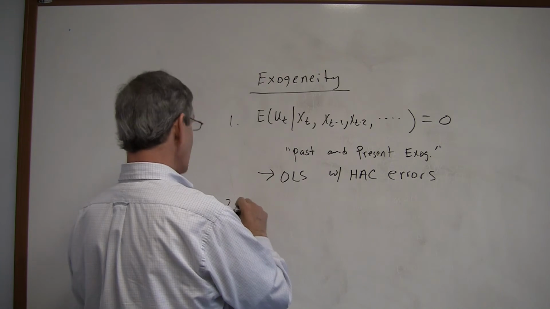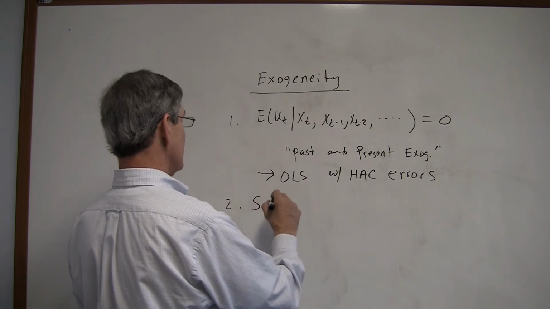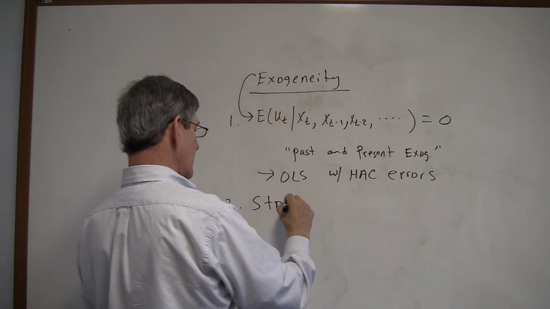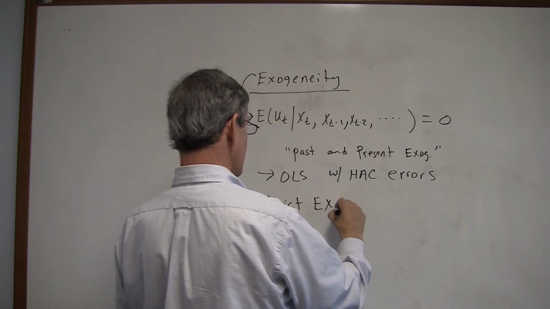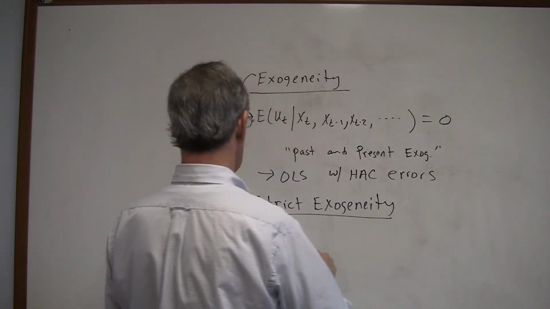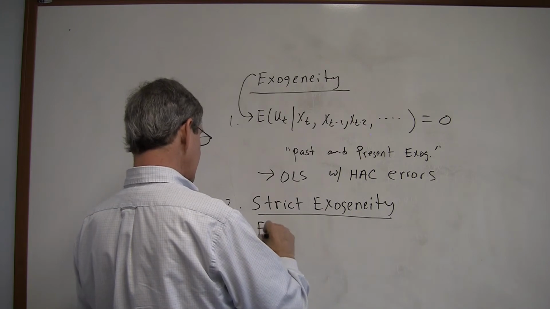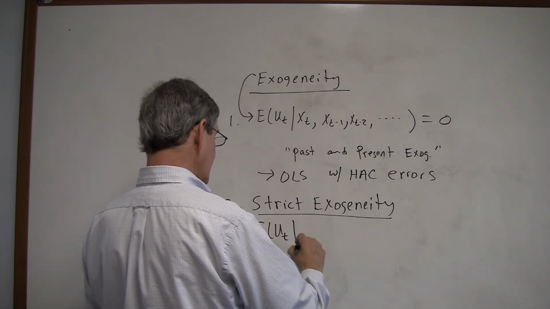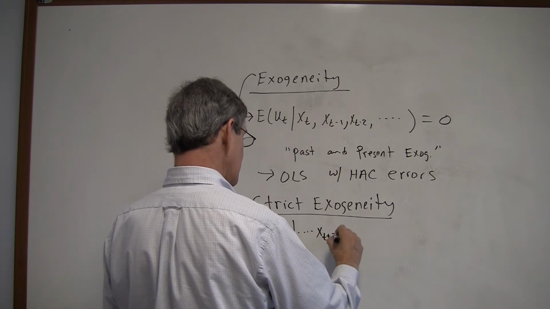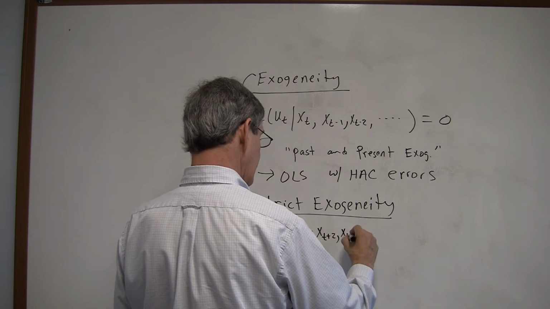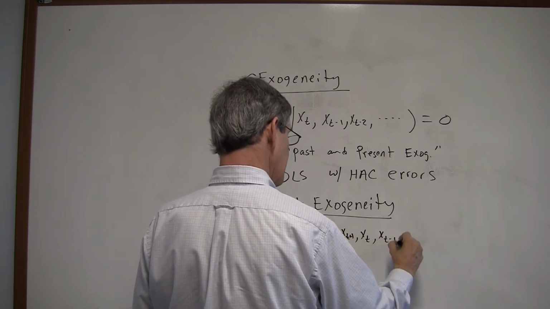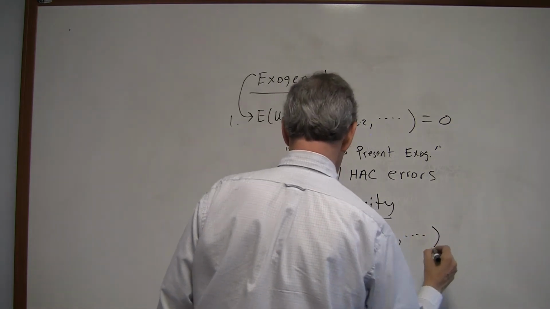The other type of exogeneity is strict exogeneity. What this says is that the expected value of ut given future values of xt, back to say t plus 2, t plus 1, xt, xt minus 1, and so on is 0.